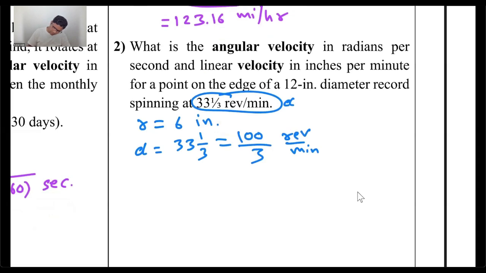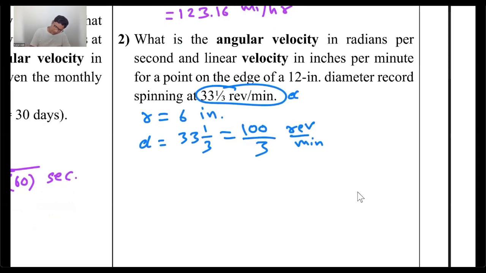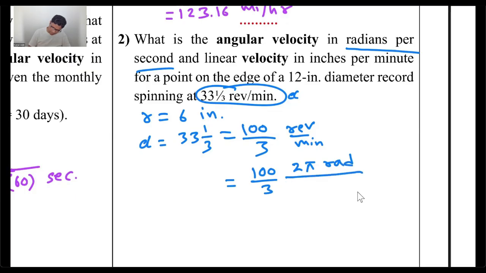And what do we want? First, we want it in radians per second. Angular velocity in radians per second. So 100 divided by 3, and one revolution is 2 pi radians, per 1 minute is 60 seconds.